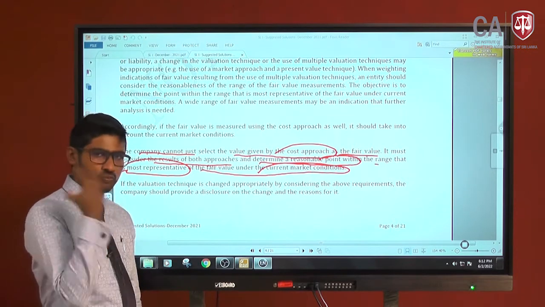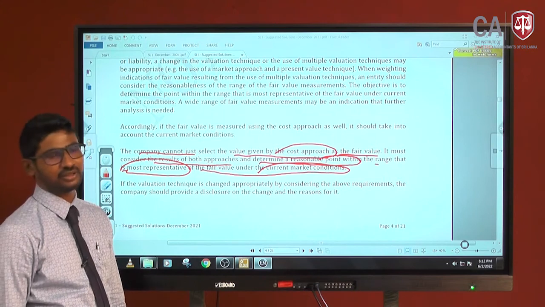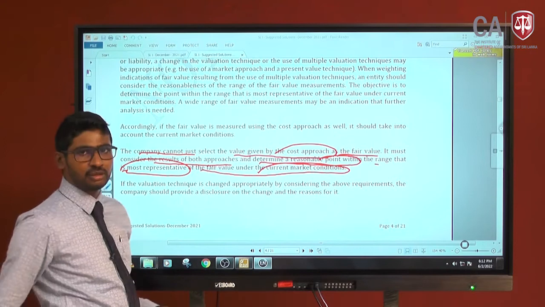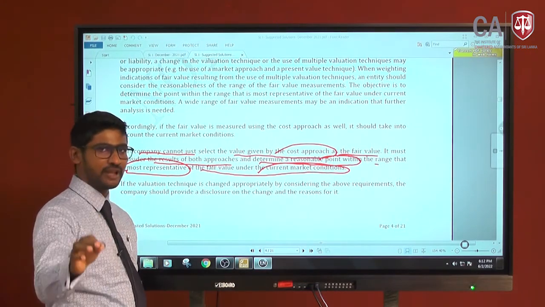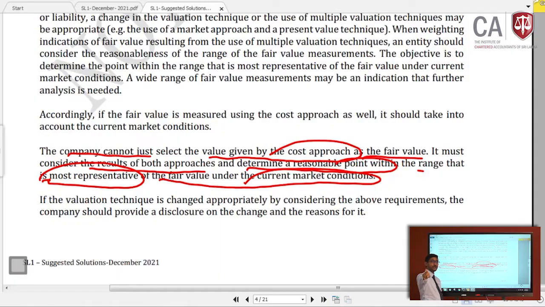You have to think about what method actually reflects the current market condition. By changing the valuation technique you can boost the fair value, but that is not the purpose. The approach you select should reflect current market conditions, so you can't change the model as you wish.